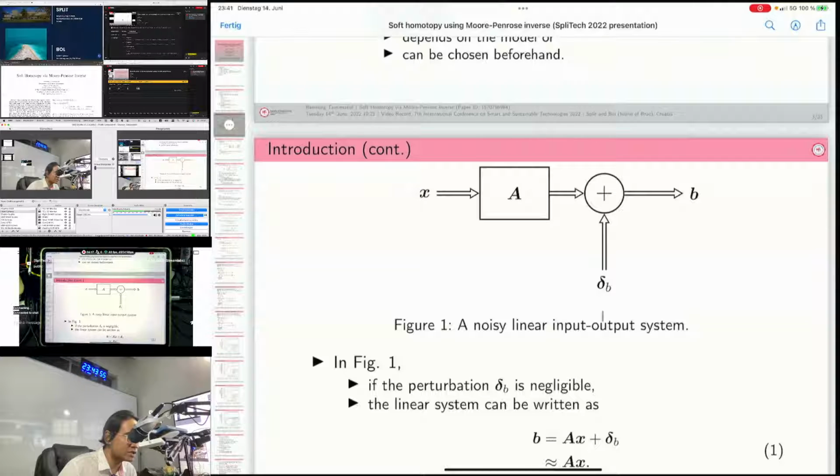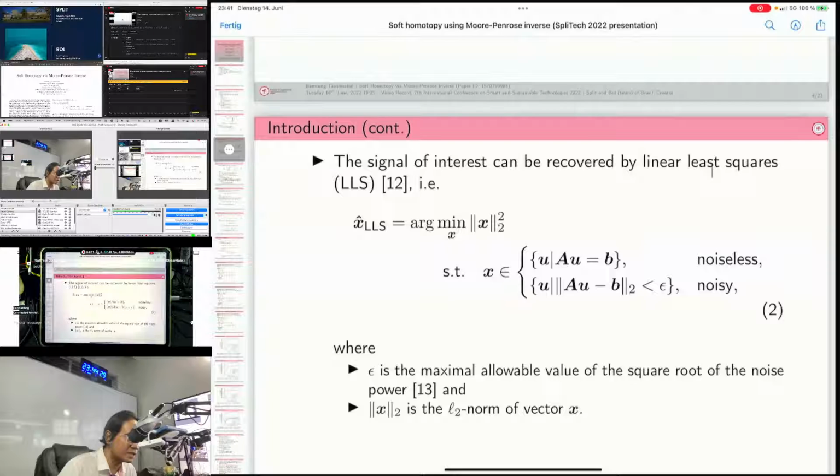The conventional method to recover the signal x, which might be sparse, meaning that some elements in this vector may be zeros, is called linear least squares, or simply least squares. It is a very well known and classical method. It can be used for both the noiseless case and the noisy case.